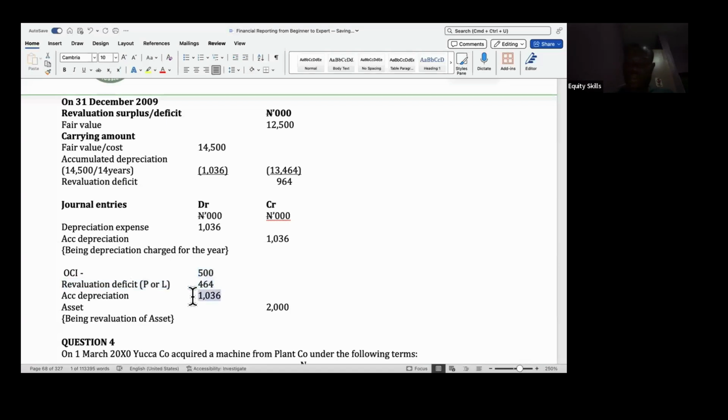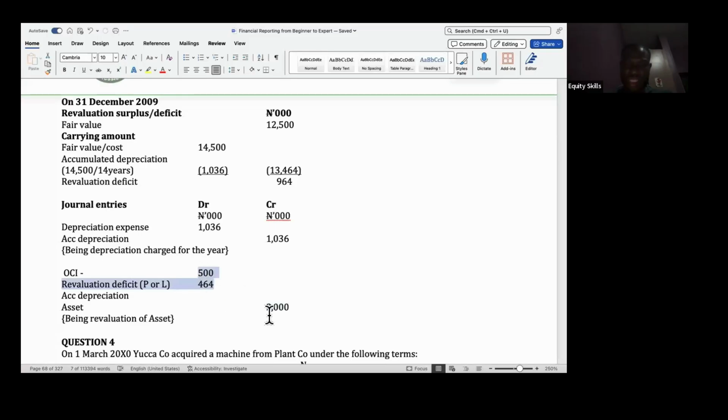If I didn't write this on there, this is the solution. If this was not there, you will see that my debit for this and this is not balancing. There is 2,000 here. There is 964 here. You see the difference.